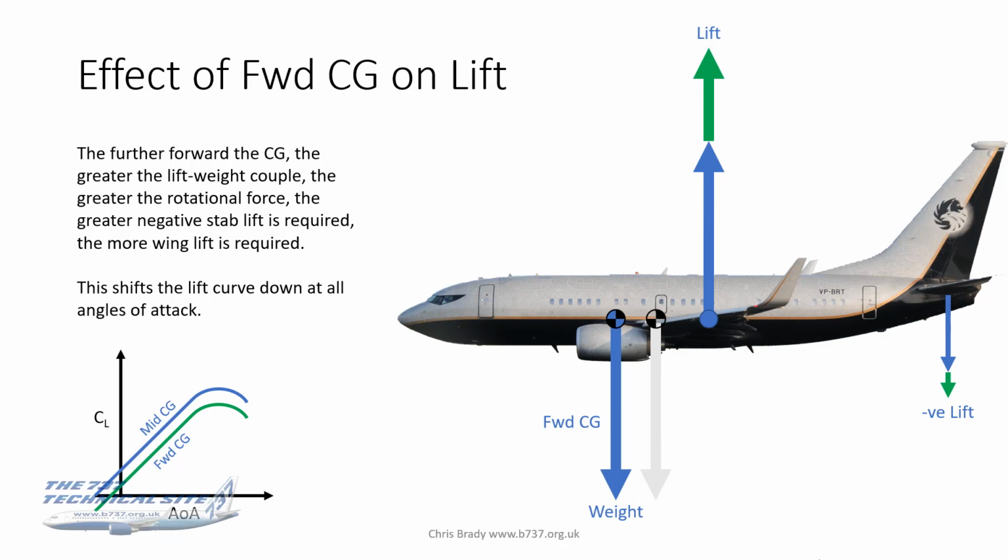With that greater amount of negative lift off the stab, you've got to have more lift from the wings to keep the aircraft in level flight. That effectively shifts the lift curve down at all angles of attack on the standard lift alpha curve.